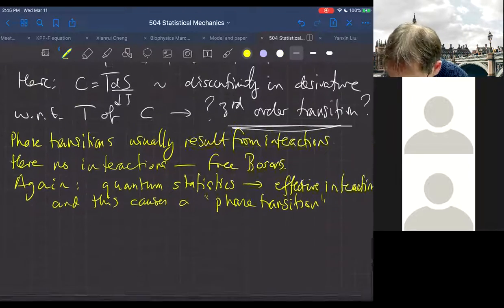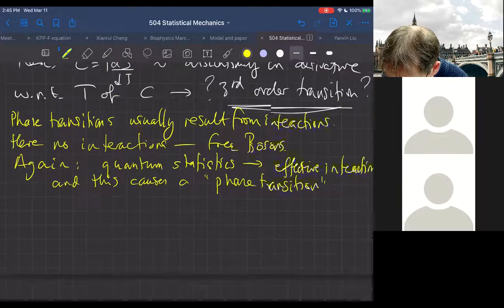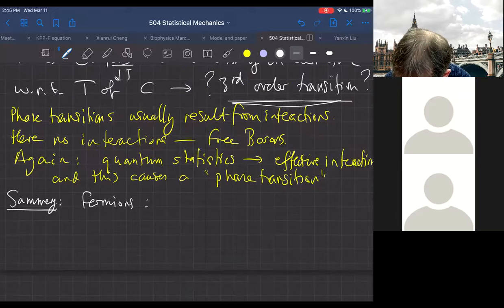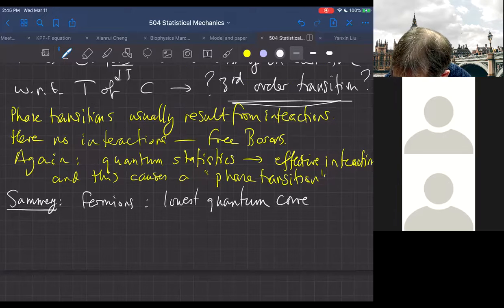So we've now got two things that we saw. In summary, when we were dealing with fermions, what we computed was the lowest quantum corrections to the ideal gas using perturbation theory.